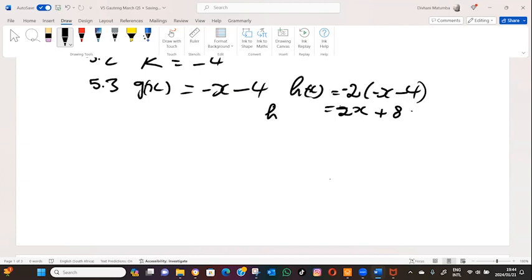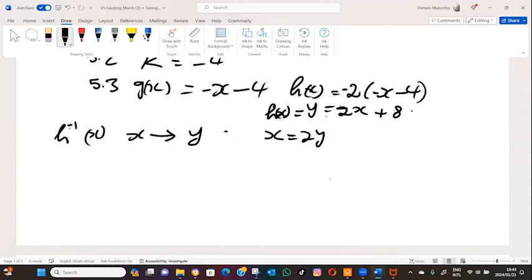So it is actually h, which is equal to y. Now, to find an inverse, you just have to swap. Your x becomes y. Therefore, for the inverse, your x equals 2y plus 8.